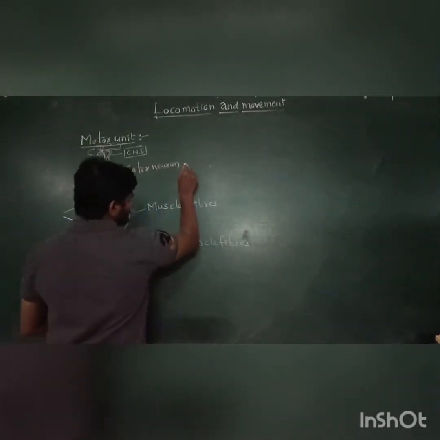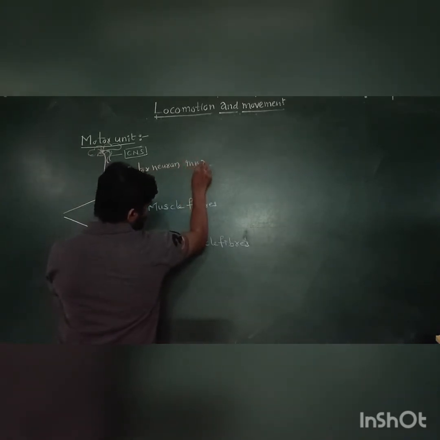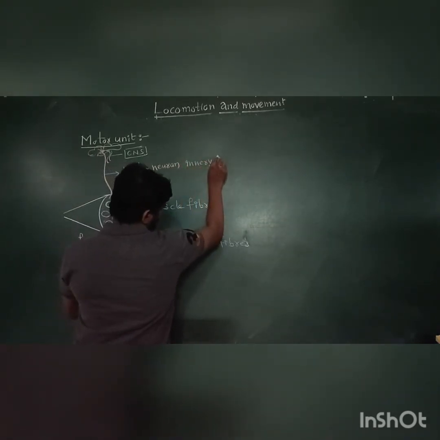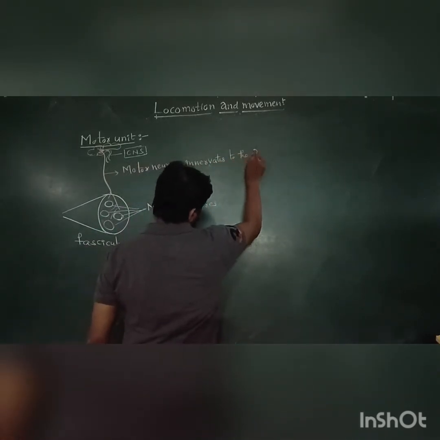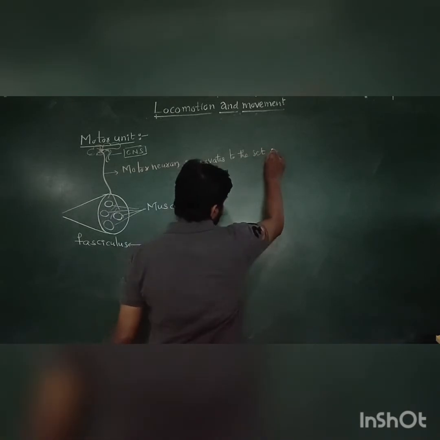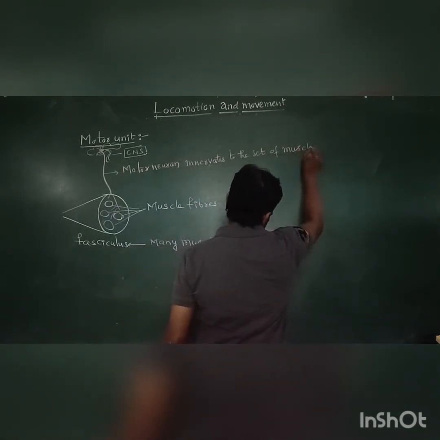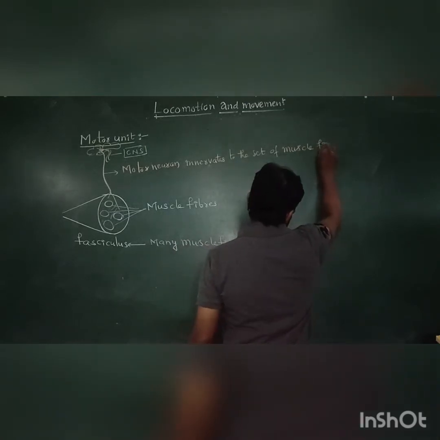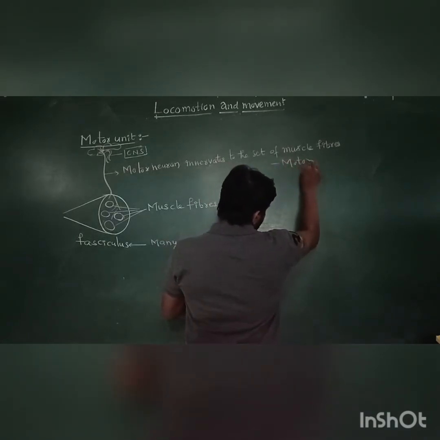Repeat again, the meaning of motor unit: one motor neuron from the central nervous system innervates a muscle fiber, one more muscle fiber, and one more muscle fiber. This totally is a motor unit. But there is a microscopic gap between the nerve ending and the sarcolemma, and the sarcolemma is the plasmalemma.